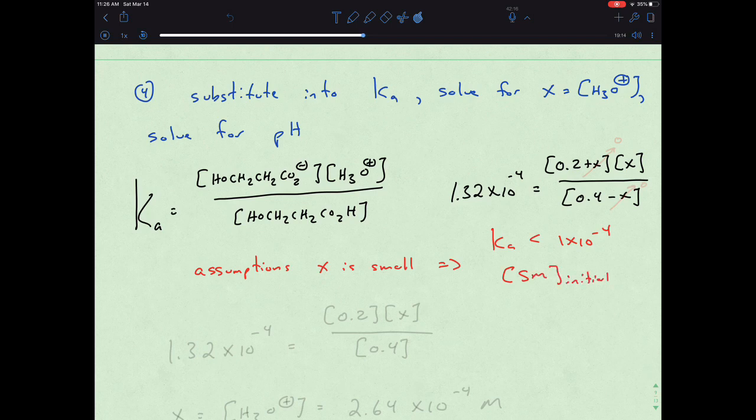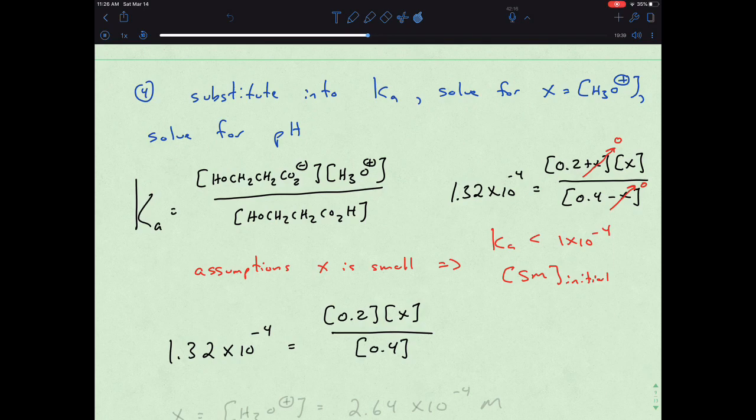So our X's, in terms of those initial concentrations, are going to fall out of the expression. And so that means our Ka, the 1.32 times 10 to the negative fourth, would be equal to 0.2 times X over 0.4.